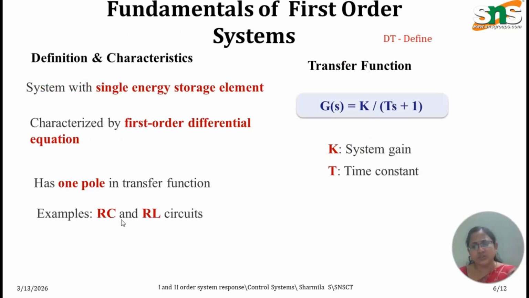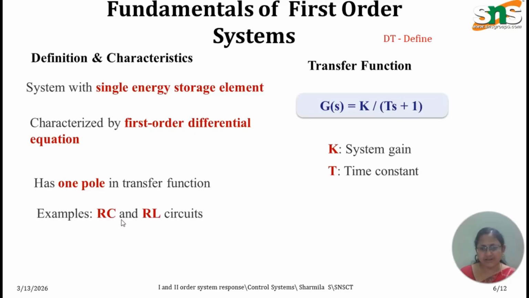Now let's move on to the fundamentals of first order system. This shows the DT defining stage of these fundamentals. Now let's see the definition of a first order system. A first order system is defined as a system with a single energy storage element.